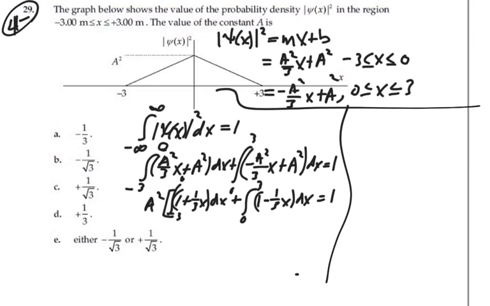So if we integrate that, we're going to end up with a squared times x plus 1/6 x squared, evaluated from -3 to 0, plus x minus 1/6 x squared, evaluated from 0 to 3. And that should equal 1, all that.